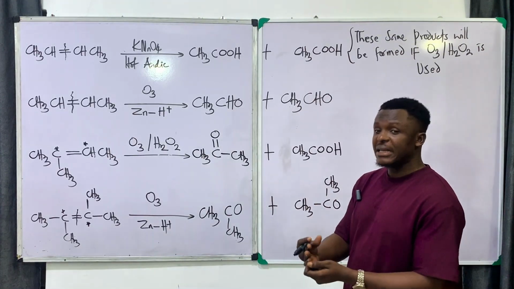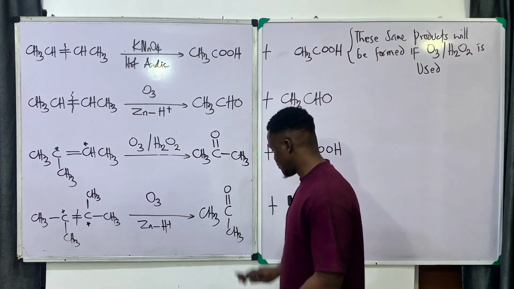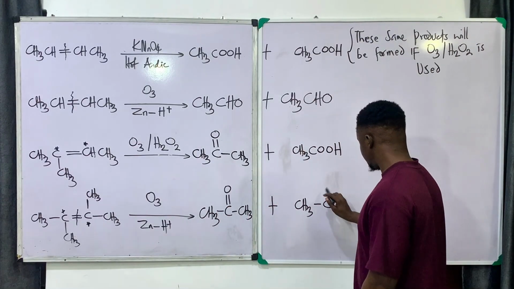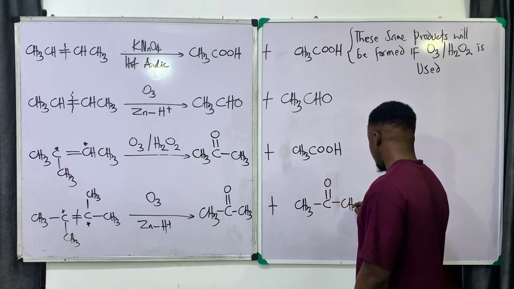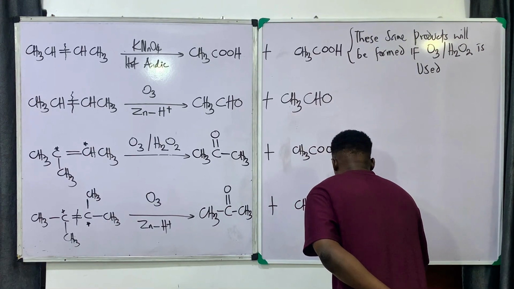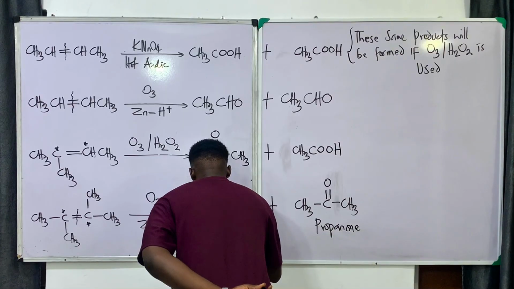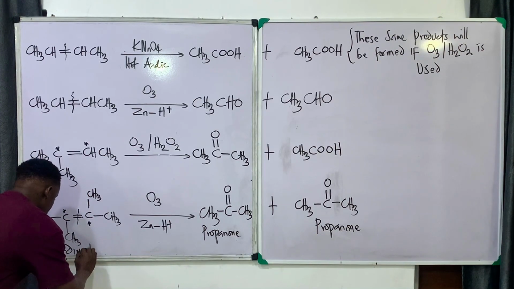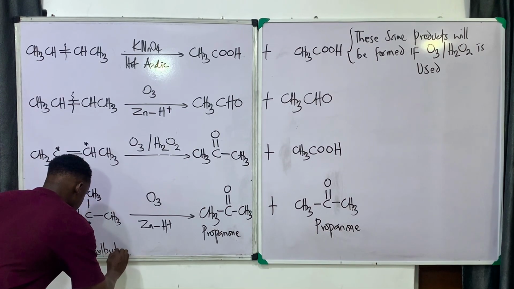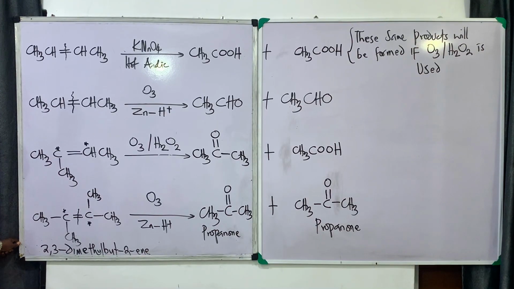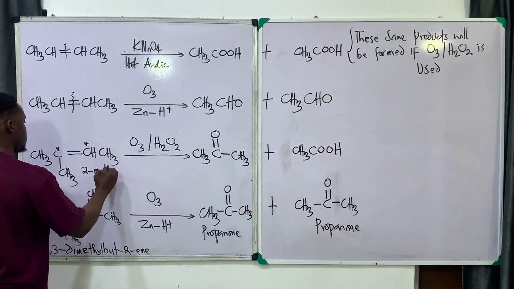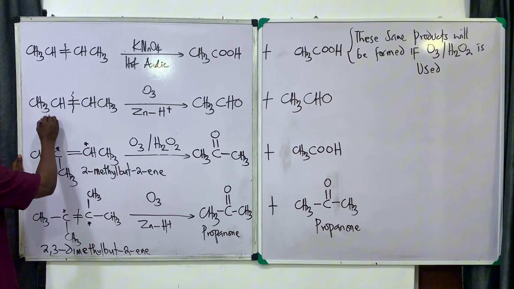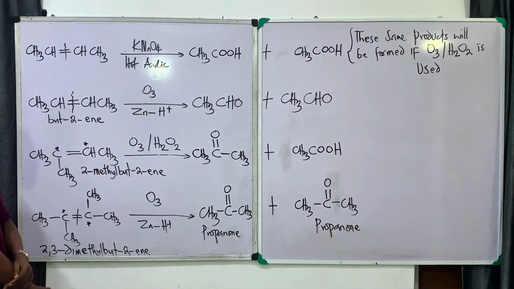So when you do that, for you to write it properly now, this becomes this and this becomes this. Okay. So this is propanone, and this is 2,2,3-dimethylbutene, and this is 2-methylbutene, and this is butene.